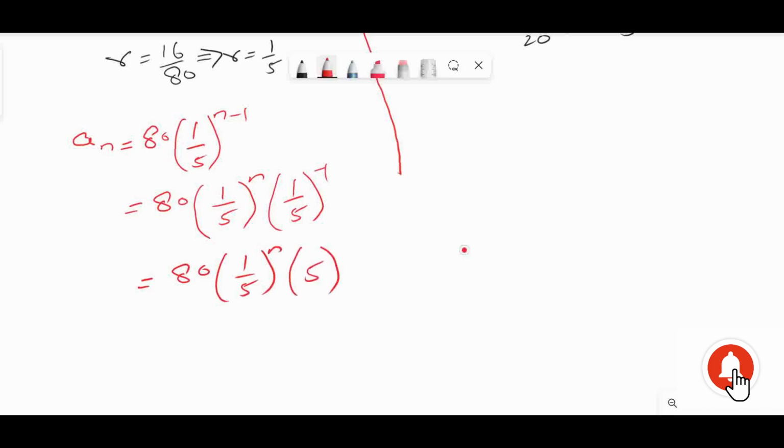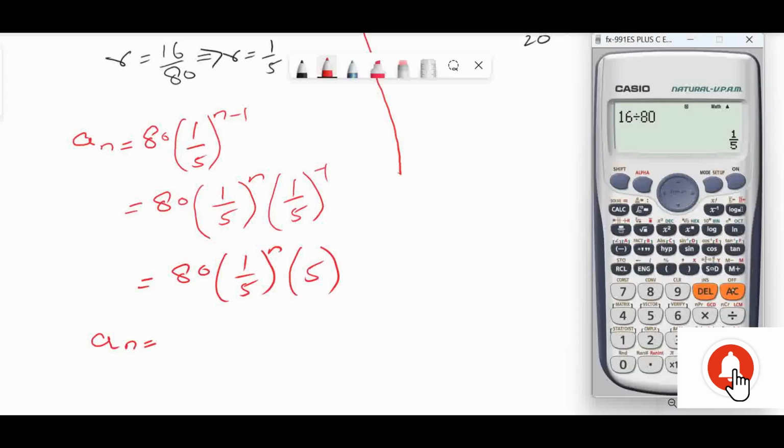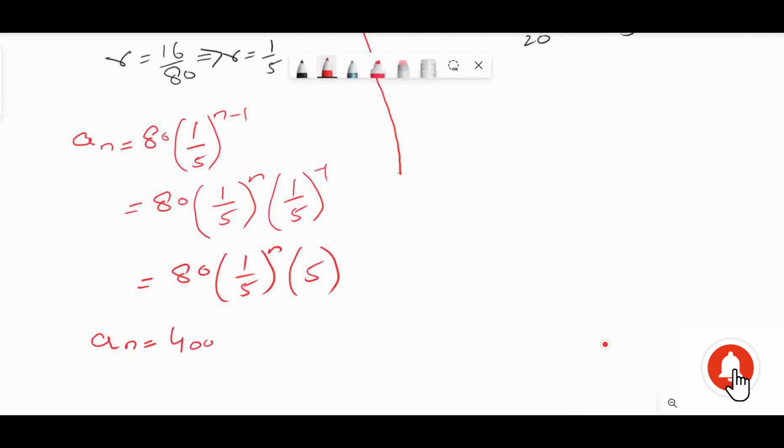Finally we can say that a_n equals 80 into 5. What will be the answer? 80 into 5 equals 400, into 1 by 5 whole to the power n. Now keep this in your mind, and now let's work out the nth term.